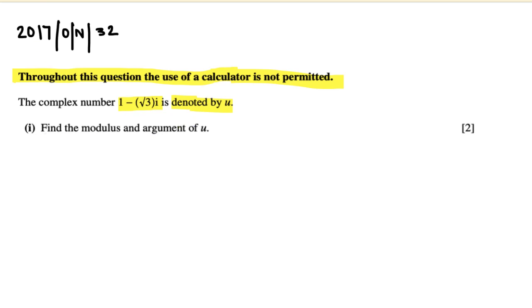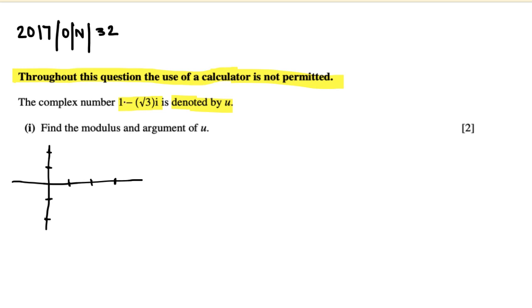Fine. So over here what I will do is roughly sketch this complex number on the Argand plane. Let's suppose this is 1, this is 2, this is 3, this is 1, 2, this is negative 1, this is negative 2.